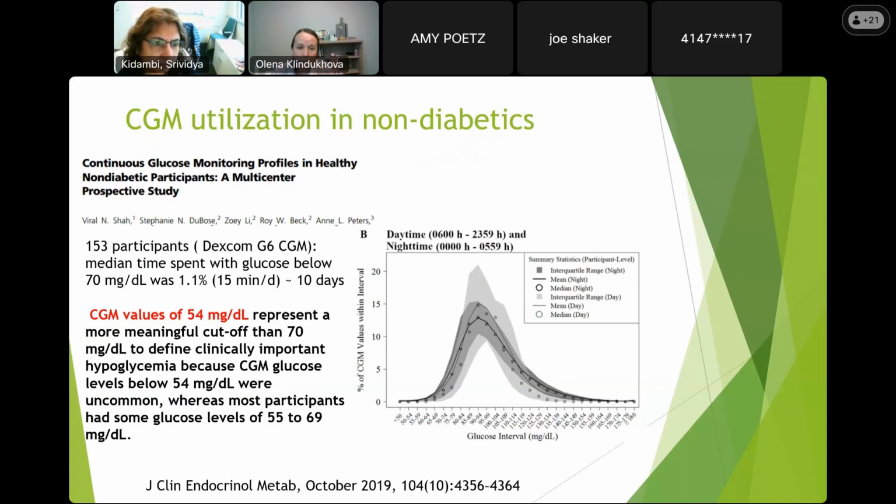Okay, they did very sophisticated calculations and modeling, and the authors of this group advocated using a CGM value of 54, which represents a much more meaningful cutoff for hypoglycemia rather than 70.